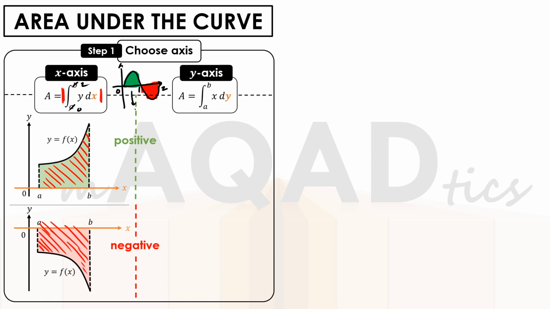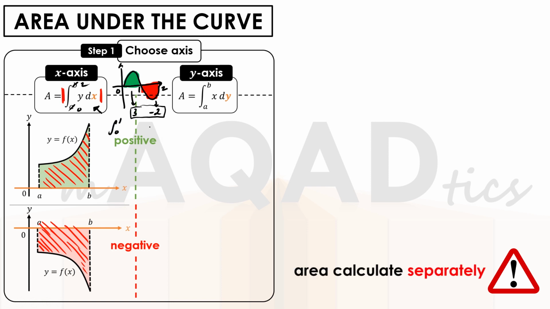And let's say this area is 3, this area is 2, but we know this part is a negative. So when we do this way, we are actually adding one positive and one negative value, which means we are minusing the areas. So what we can do is, instead of going from 0 to 2 straight away, go from 0 to 1 first, and then we put the dx here. Then we go from 1 to 2.